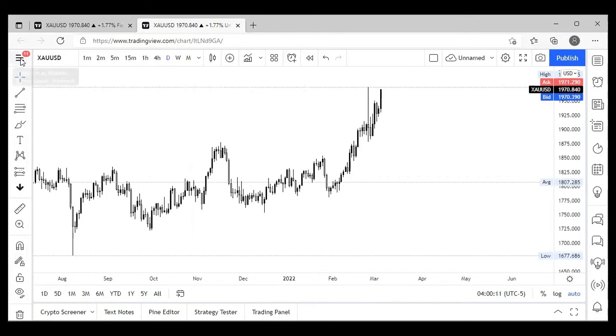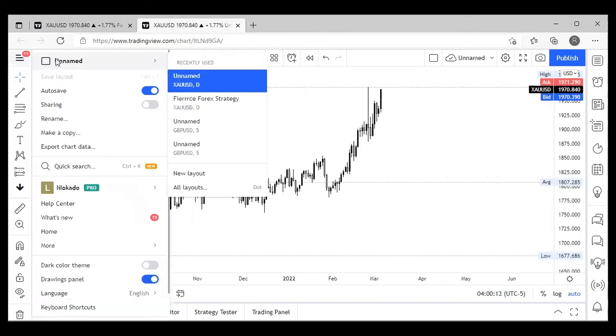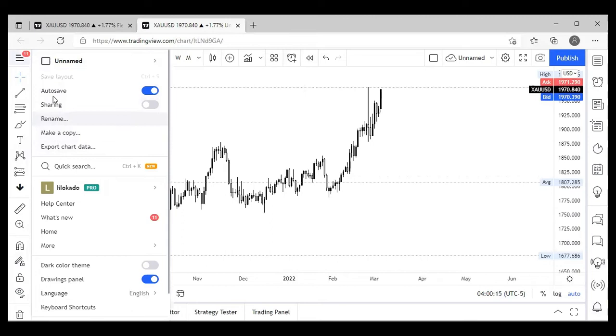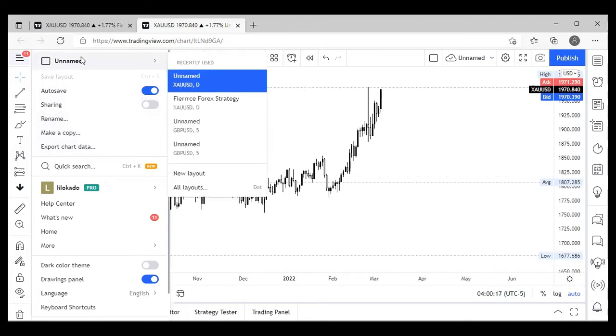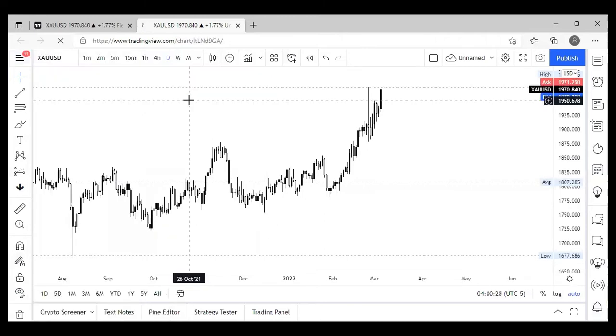When you click here, you can see this is an unnamed chart. If I click here, I go to my strategy, my saved template. Let's click there so that you guys can see. When I click there, I go to my saved template, which is what I use.